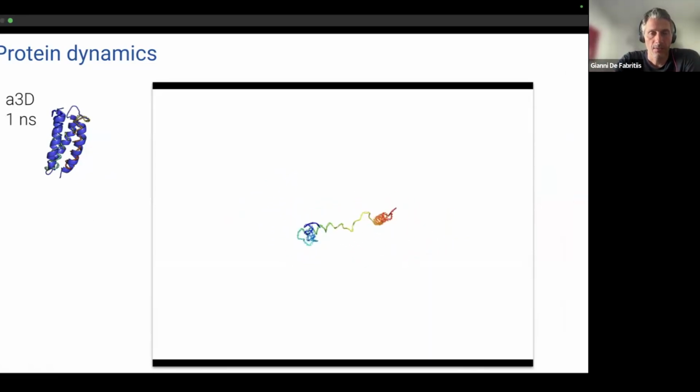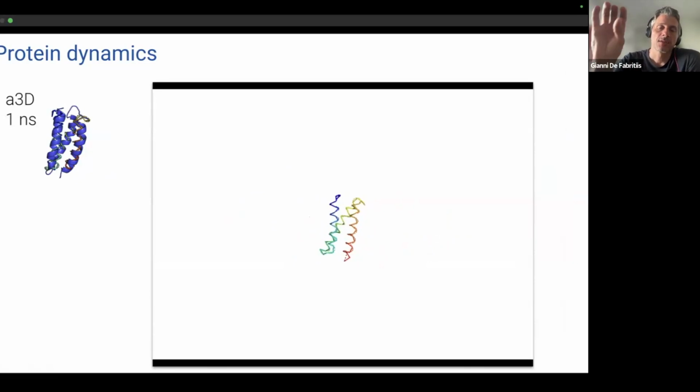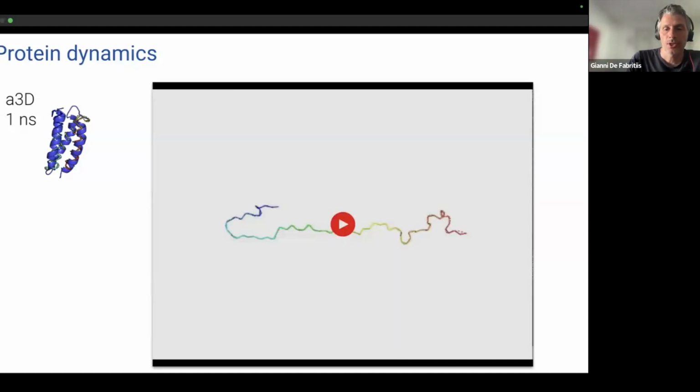Just physics. It just runs and it forms the correct structure. And again, the beauty here is that it's done exactly the same way that we did for the all-atom methods. From quantum to molecular mechanics, here we go from molecular mechanics to coarse-graining using exactly the same tooling, same machinery.